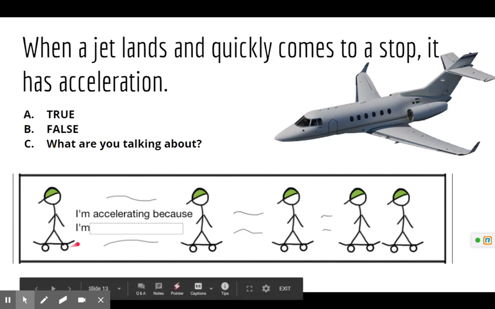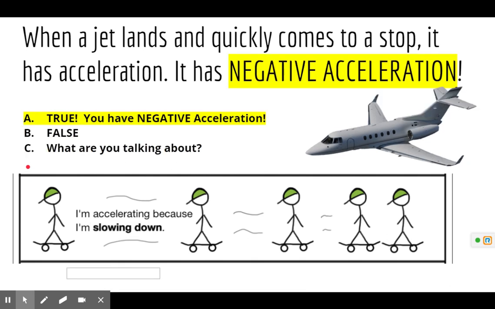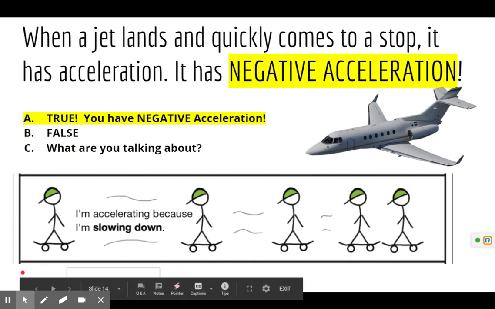A, true. B, false. C, what are you talking about? Choose your answer. True. You have negative acceleration. I'm accelerating because I'm slowing down. If you're slowing down, you have negative acceleration, and your speed reduces because the vectors have opposite direction.